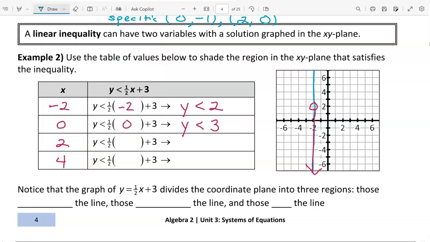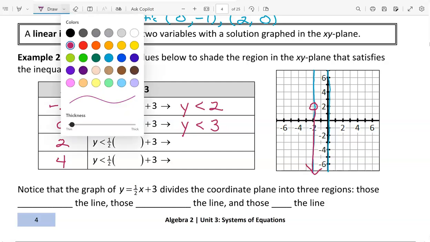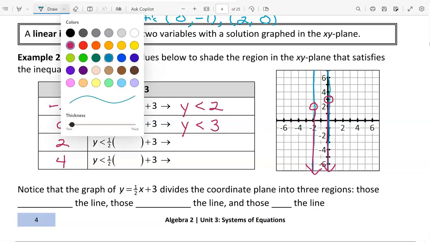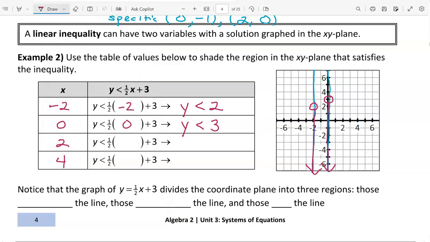Remember that x equals 0 is a collection of points on a vertical line, and we are graphing points that have a y value less than 3. So that would be an open circle on 3 and shading downward. For our next point, x is equal to 2, 1/2 times 2 is 1, plus 3 is 4.